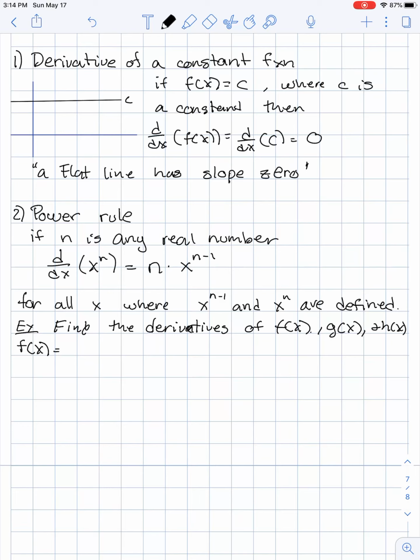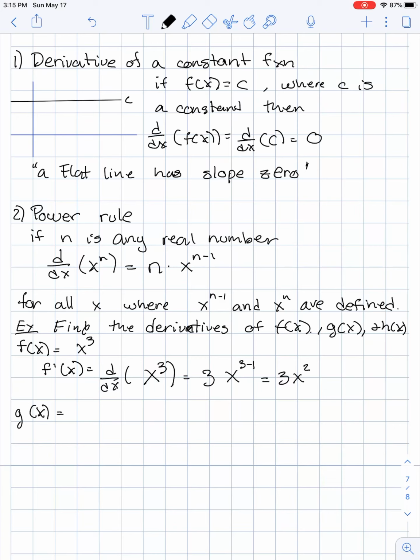So f of x is going to equal x cubed. Therefore, f prime, that 3 is going to come down front. So 3. And to replace the 3, we're going to do 3 minus 1, which is 2. And we get 3x squared.